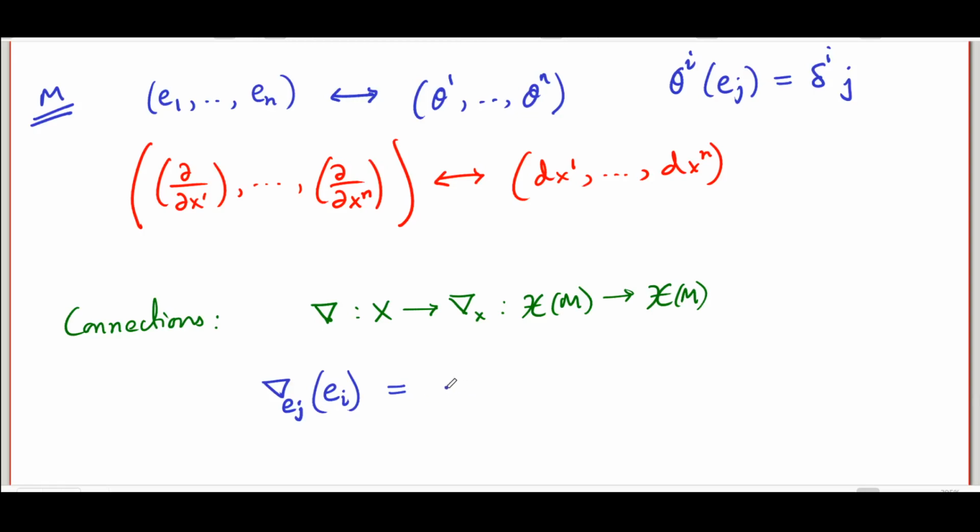So you should be able to expand this in terms of the basis vector fields: e_k Γ^k_ij, where the Γ^k_ij are functions, smooth functions in particular, and these are called the connection coefficients.